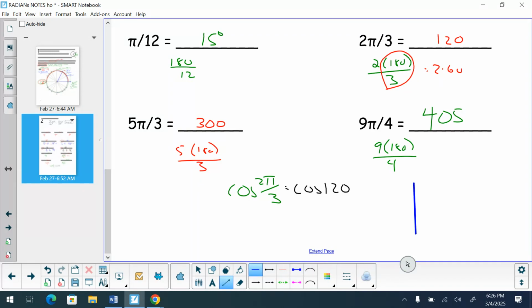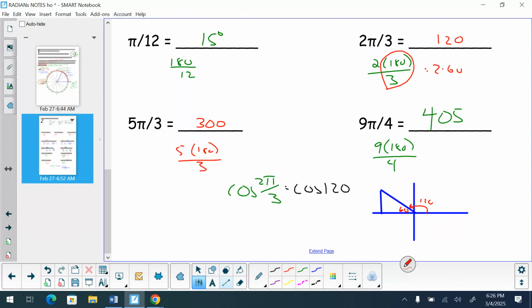So now you can do your 120 degree triangle. The reference angle is 60. Negative with that, so we have a negative 1/2. So when you're asked to find trig values of them, go ahead and change them to degrees. Bend the rules a little bit, make it a little bit easier on yourself, and go ahead and complete the problem by dealing with them in degree mode.